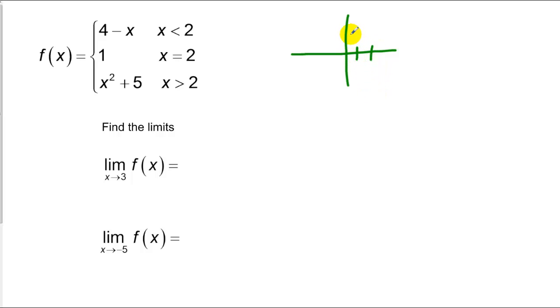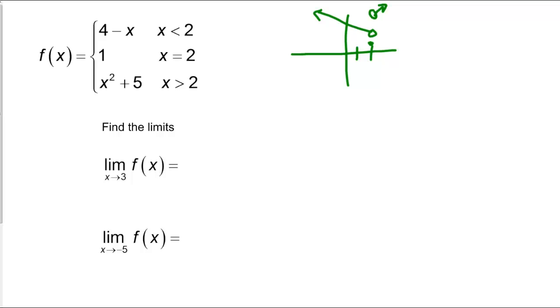At 2, I get a graph that looks similar to this here with an open circle. And then I have a value at 2 and another value that moves when x is greater than 2.